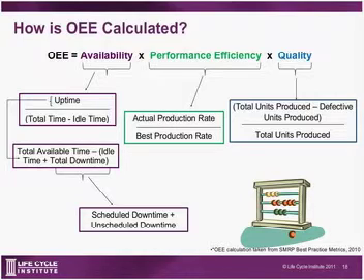Performance efficiency or rate is your actual production rate divided by your best demonstrated or nameplate rate. If you have a machine that's supposed to make 1,000 widgets in an hour and we've only made 900, our rate is 900 divided by 1,000, or 90%. And quality is good units, or first pass units, divided by total units produced. So we're taking out our rework there.